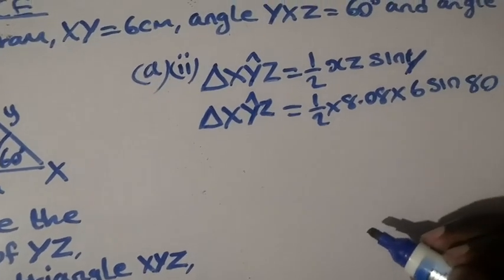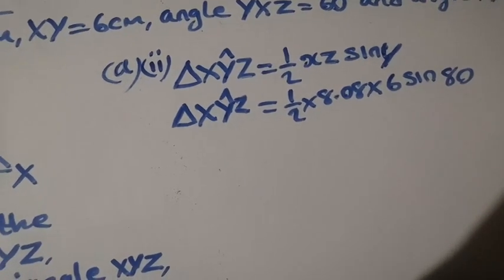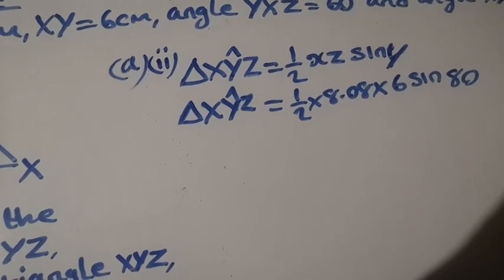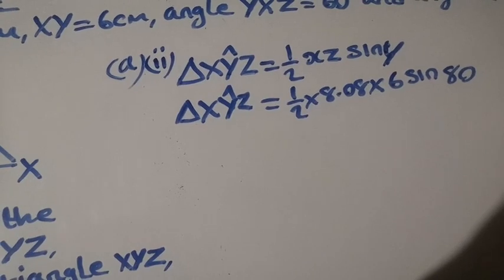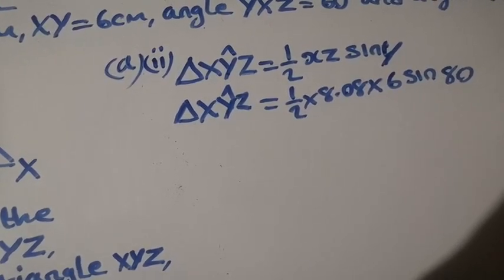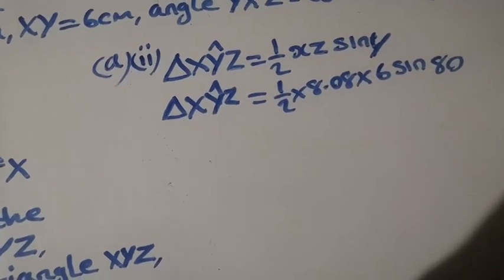If you punch 8.08 times 6 sine 80 degrees, we have 47.74.